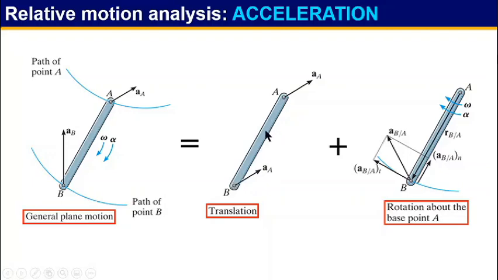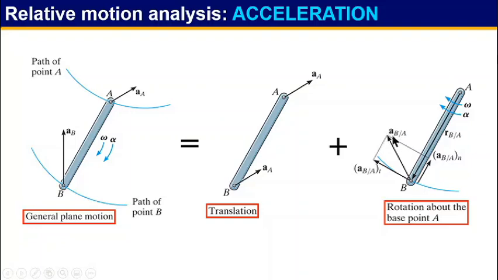However, guys, for this link, it is not only translation, but it also moves with rotation about a fixed axis motion. So now, what happens with point B? We already know that at point B, AA acceleration takes place. Now, for rotation about a fixed axis, this point B moves in rotation motion about the base point A. So, it is a relative acceleration of point B about A. We denote it with ABA.